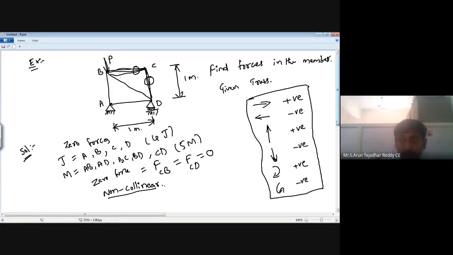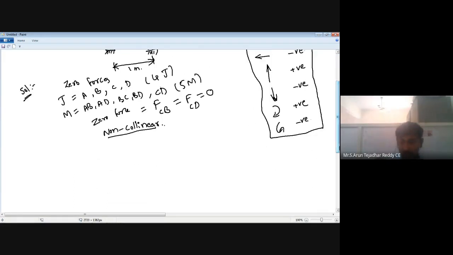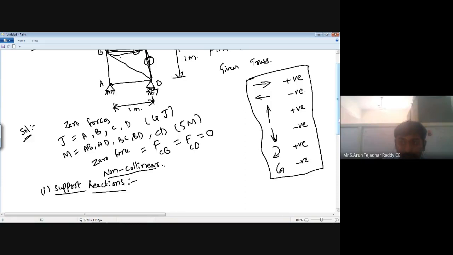And find out first the support reactions. Again, once observe this diagram.